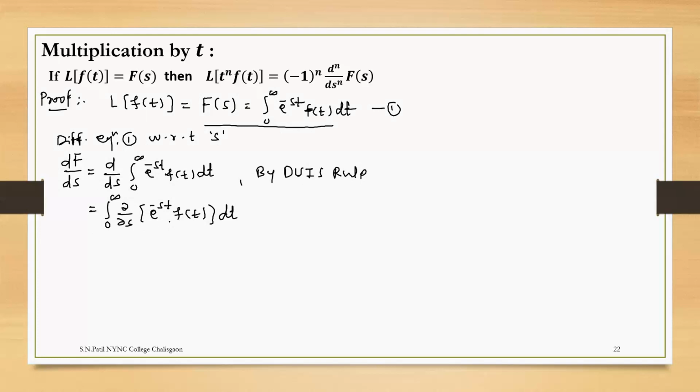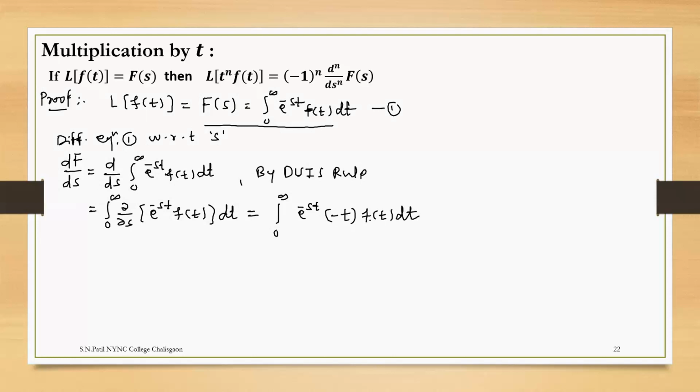So we take the partial derivative of the bracket with respect to s. Other variables are treated as constant, that is, f of t is constant, and only e raised to minus st is differentiated. It can be written as the integral from 0 to infinity. The derivative of e raised to minus st is e raised to minus st times the derivative of the power with respect to s. The derivative of minus st with respect to s is minus t, and f of t dt.